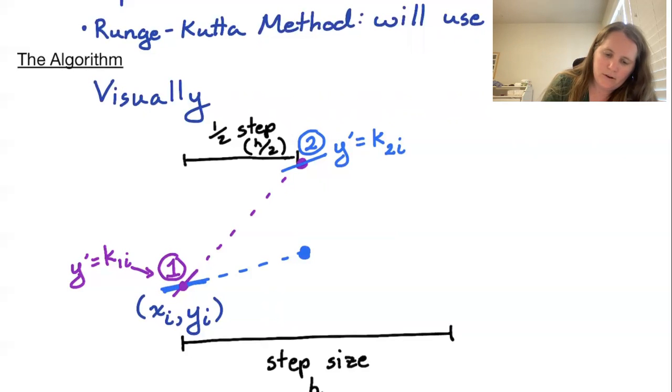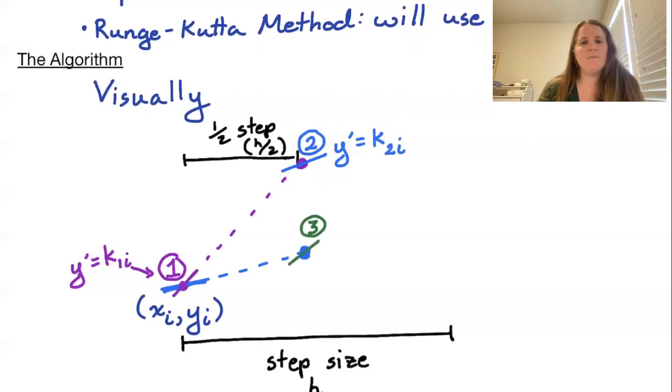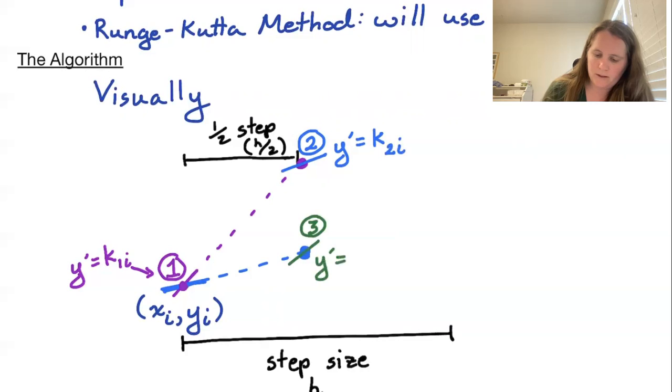Then we have our third point, which was also halfway through. This one will have slope y prime equal to k3i.